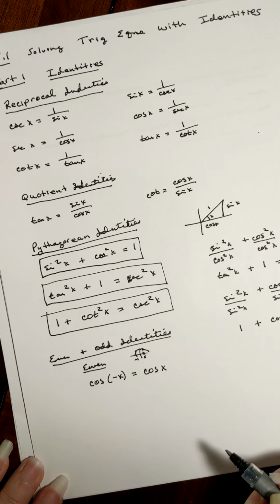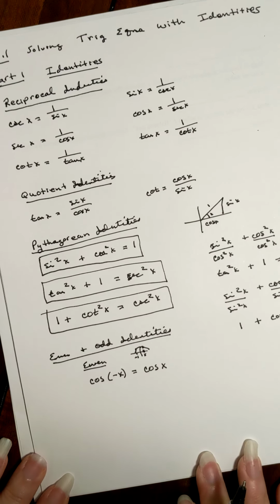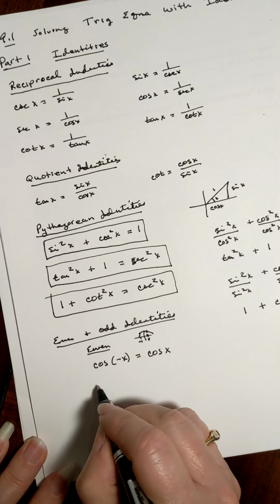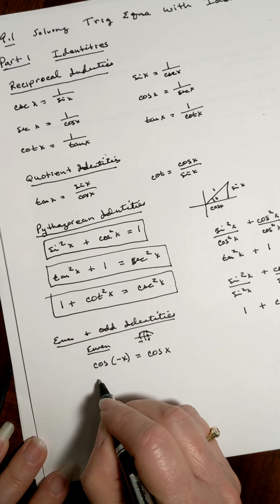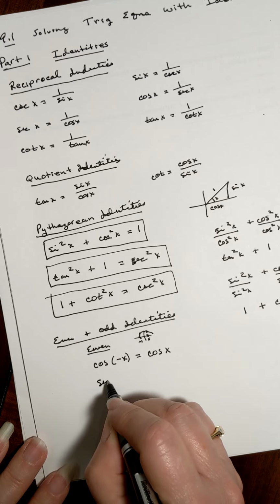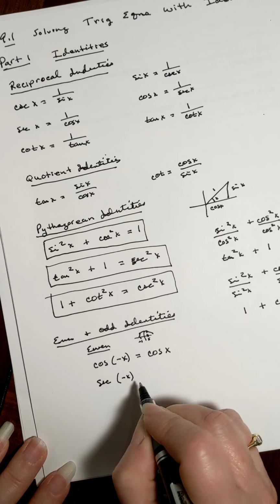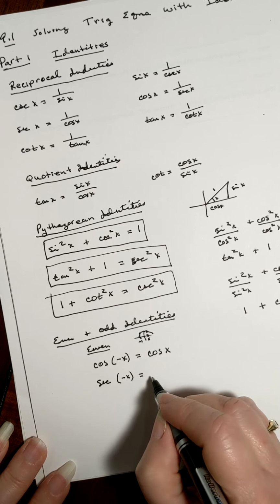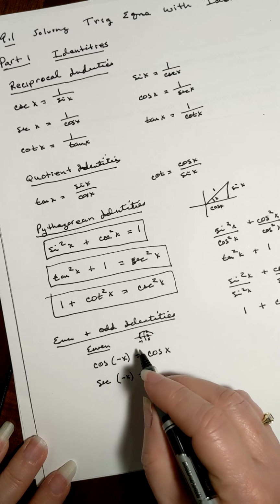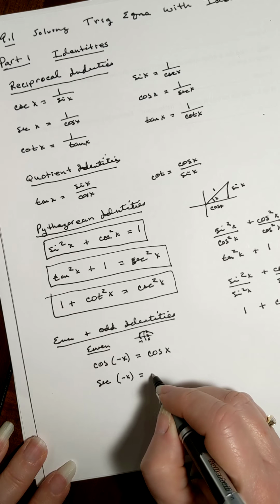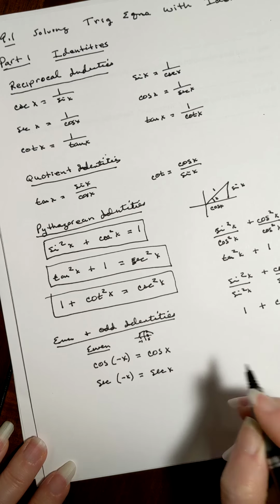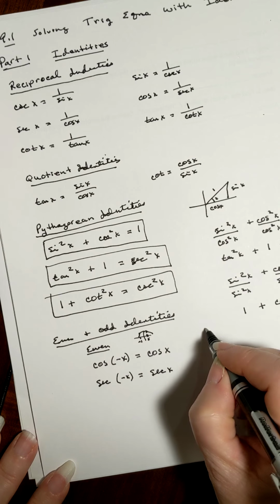And so cosine of negative x is equal to the cosine of x. And then remember, because it's a reciprocal function, the secant is also going to be an even function, and so it's just going to be equal to the secant of x. So we'll talk about that a little bit more.